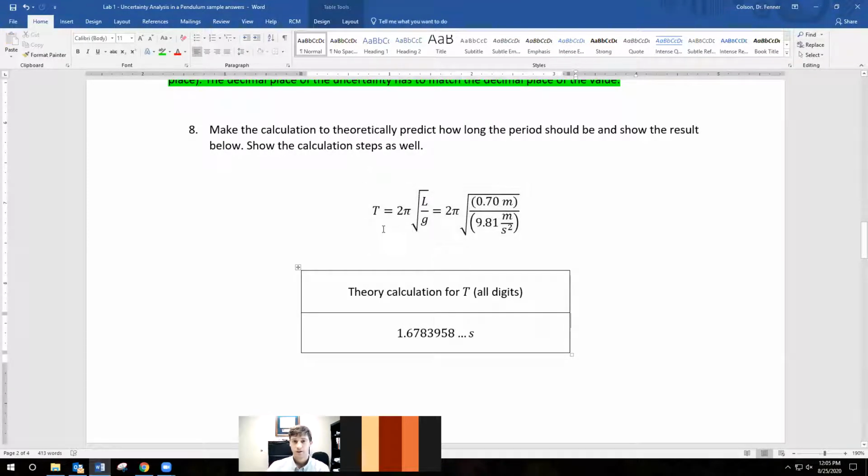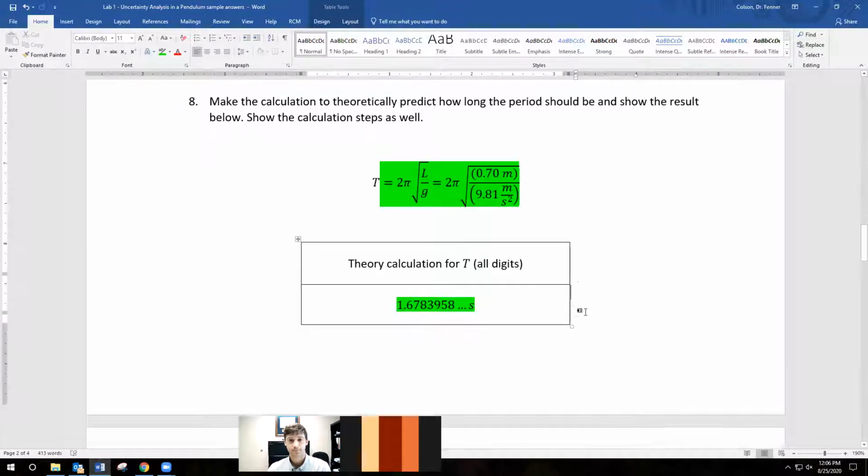All right, so the calculation steps would just be something like that, and then the calculation itself would yield this number with a large number of digits that's output by your calculator, in units of seconds.